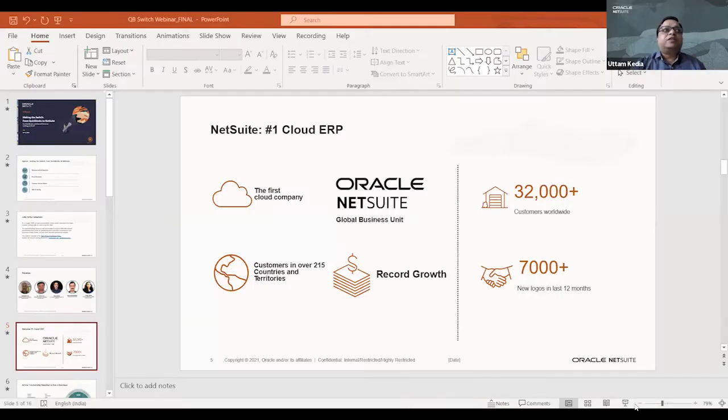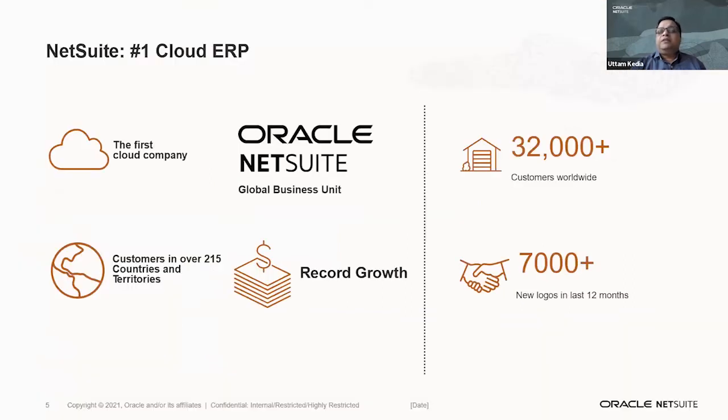Not only are they subscribing to it, but they're using it on a day-to-day basis, and it's spread across the globe. As you can see, there are more than 215 or 220 countries and different territories, different native languages that we are part of. So it's a phenomenal experience, with very personalized solutions.